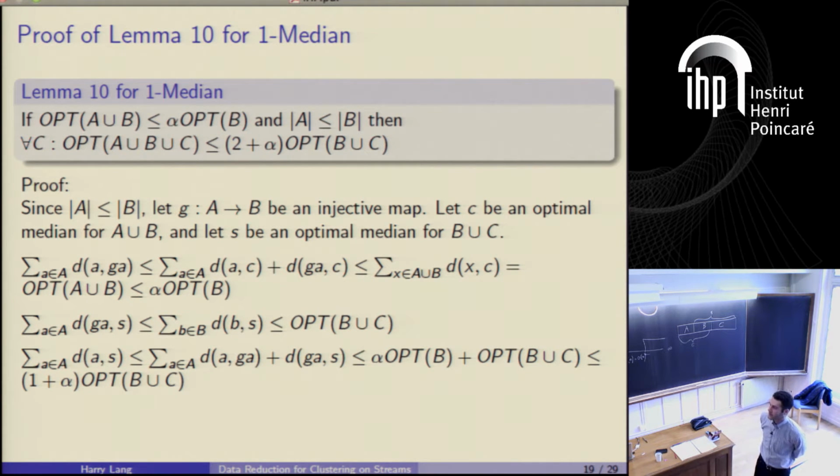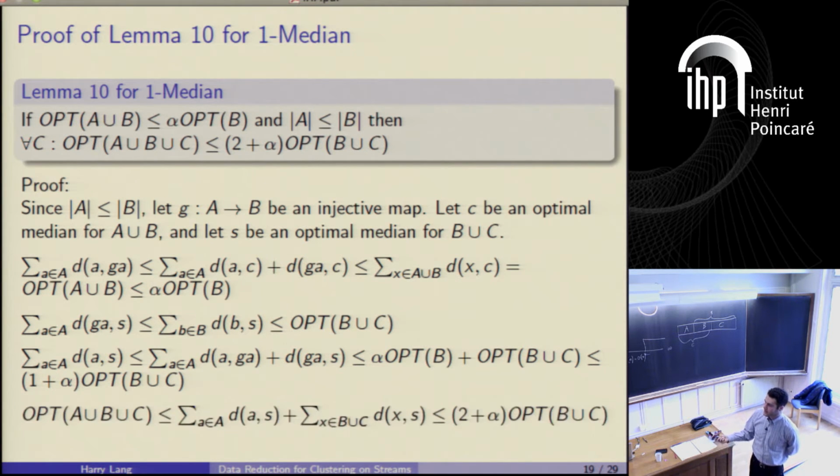So it's 1 plus alpha, OPT of B union C. And then I have my result, because now OPT of all of them, I break it up into the A, and I break it up into the B union C. And these are just my result, the previous line from before.